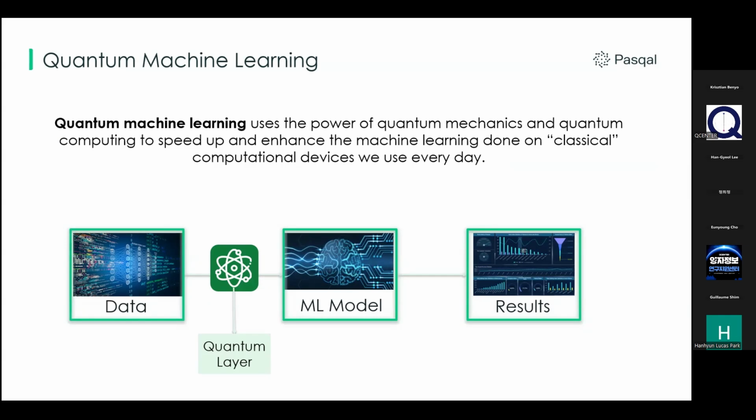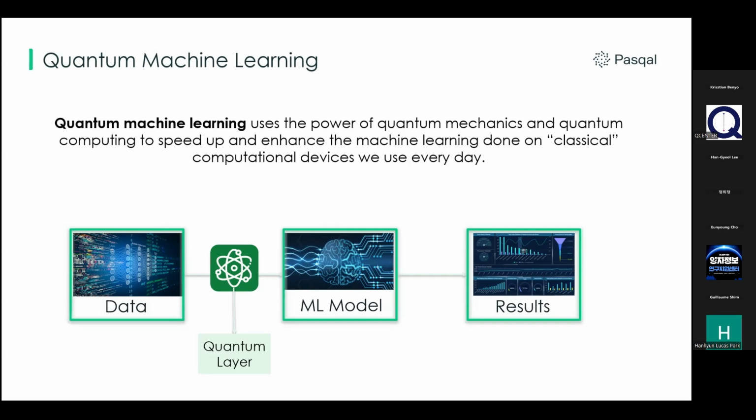We have the data itself that's coming from some kind of source. We have a machine learning model, so this tool that is there to learn from this data in order to extract results. And on this schematic representation, we are inserting a quantum layer at some point.